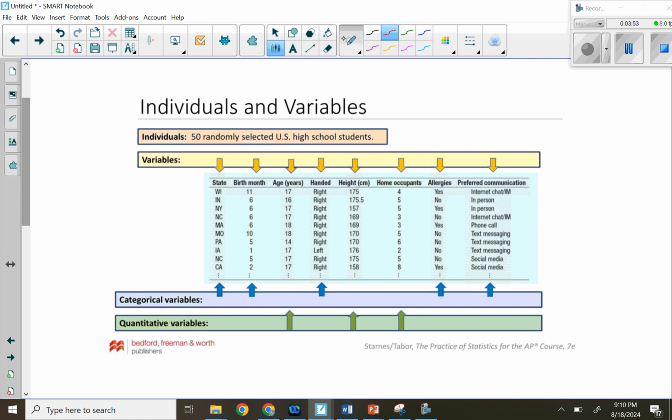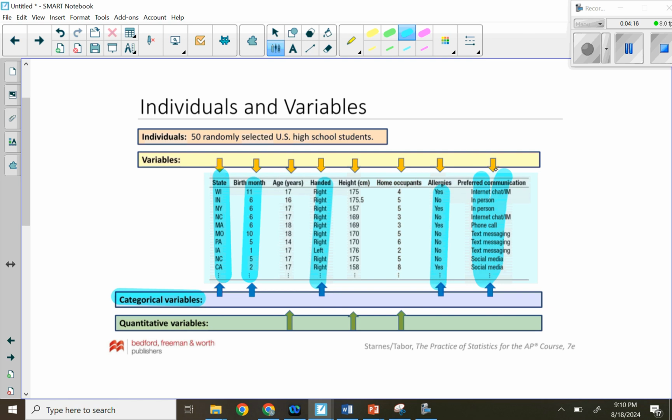I'm going to use blue to be consistent for the categorical variables: state, birth month, right or left-handed, allergies, preferred method of communication. Those are all things you can lump in a category.